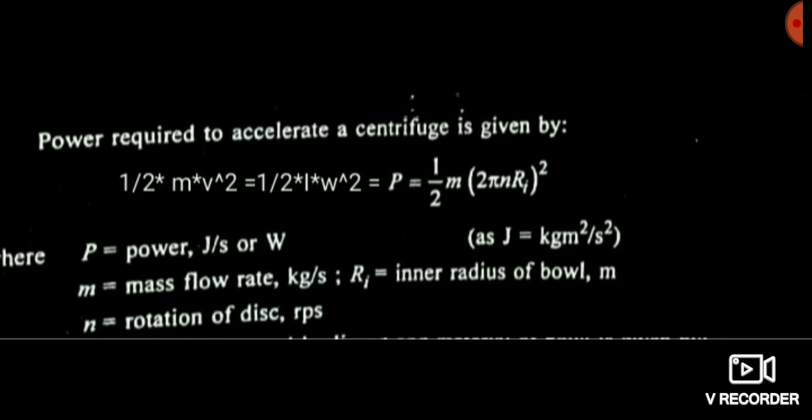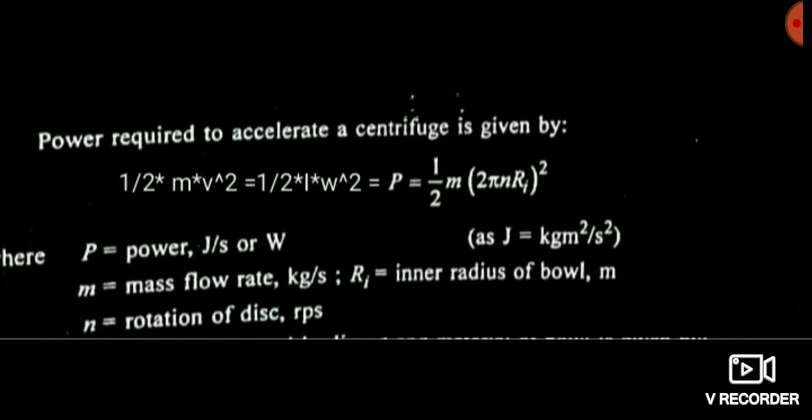that is, power required to accelerate the centrifuge is equal to 1 by 2 into m v square, is equal to 1 by 2 into I omega square, is equal to 1 by 2 into (2 pi r n) whole square. Friends, here I have written in different terms, means m v square, where m is the mass flow rate and v is the velocity.